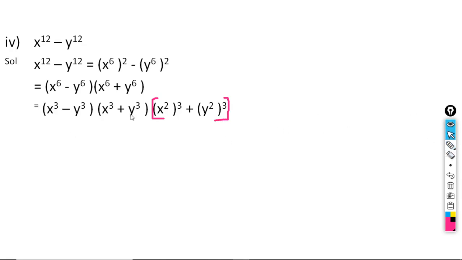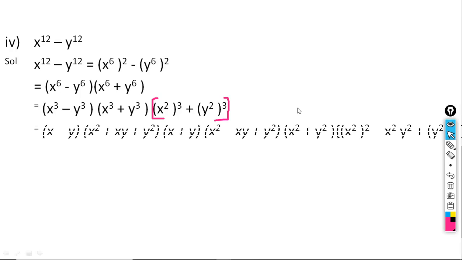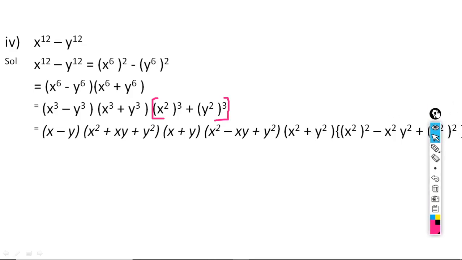X cube minus y cube will be written as (x minus y)(x square plus xy plus y square), and x cube plus y cube as (x plus y)(x square minus xy plus y square). And x square whole cube plus y square whole cube will be (x square plus y square)(x4 minus x square y square plus y4). This we have discussed already in the previous question.